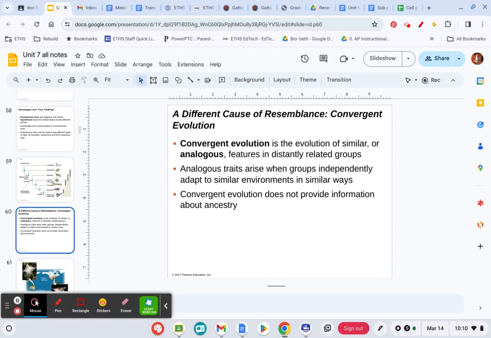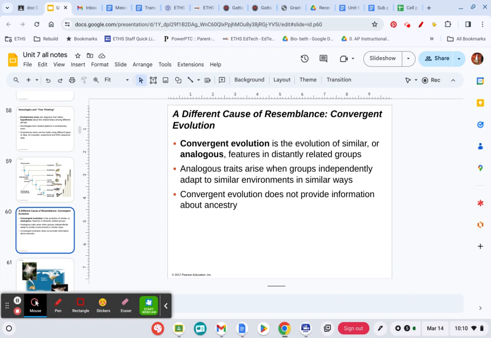So we've been talking about homologous structures, the idea that you can have a common ancestor based on having a similar bone structure, for example, one bone, two bone, many bone. But there's also a different reason that things can look alike, and that has to do with what we call convergent evolution. Convergent evolution usually doesn't mean that there's a common ancestor.